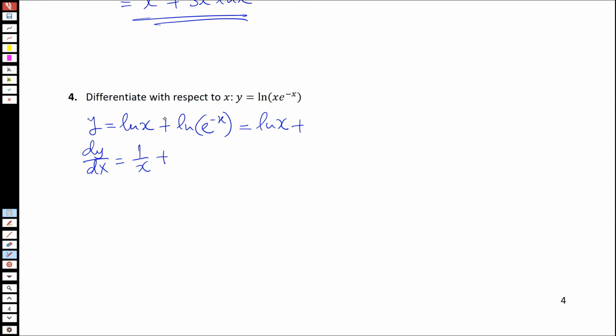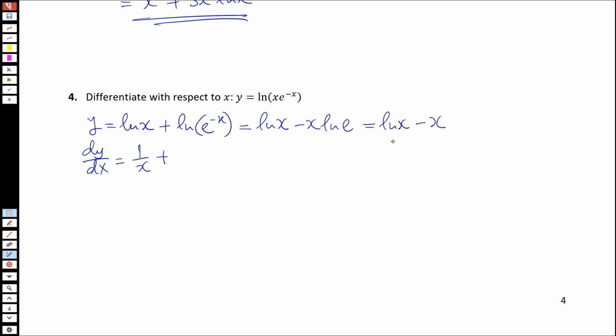If you bring this in front by applying laws of logarithms, this will be equal to negative x ln e, which will be equal to ln x, and ln e is just 1, so minus x.